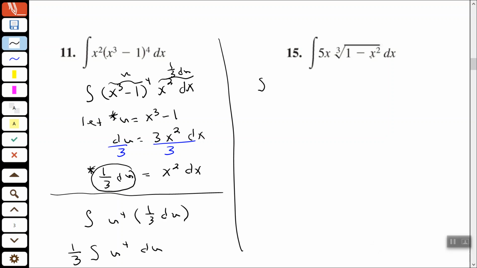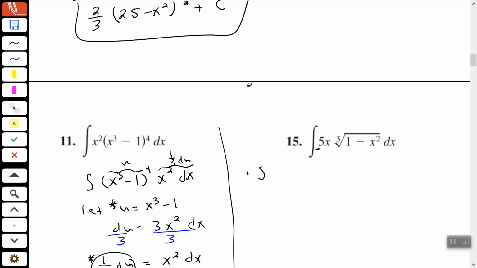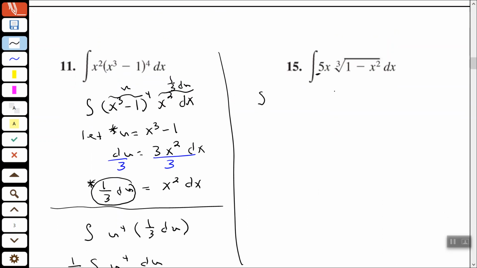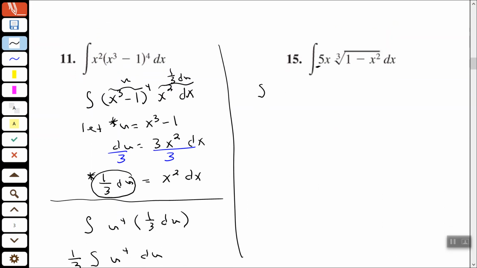Let's see here. If we look on the inside, that's negative 2x. Let's go ahead and bring this 5 out, this constant multiple, out in front, because having that constant multiple there won't help us, because if we look at the derivative, that will be negative 2x on the inside.